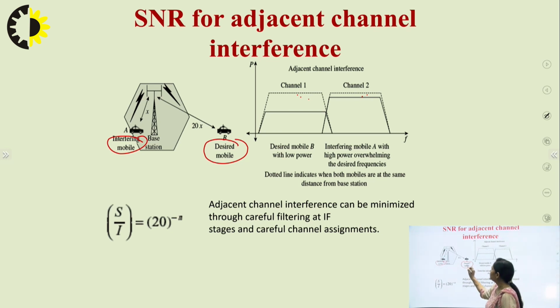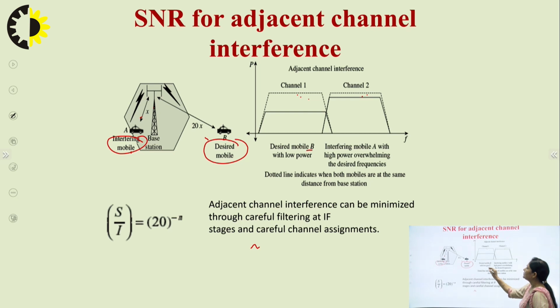You can see this desired mobile station is at 20x distance from the base station, whereas the interfering one is at distance x. This is at 20 times the distance of the interfering station. This is the desired mobile power and this is the interfering mobile power.